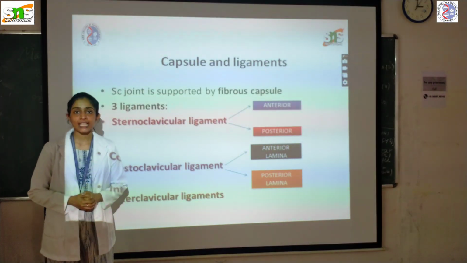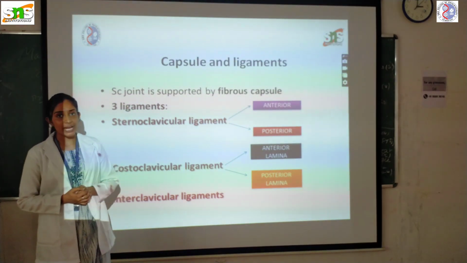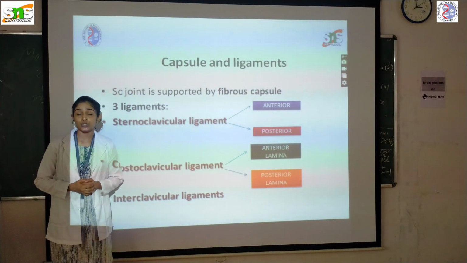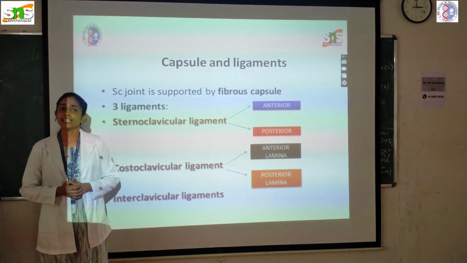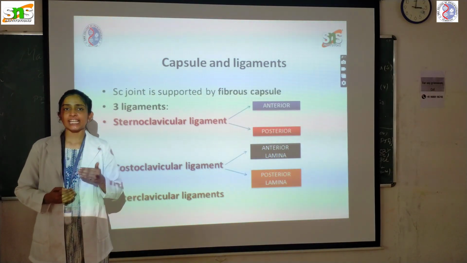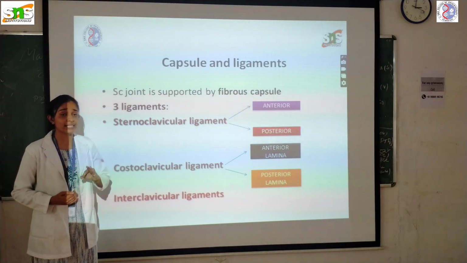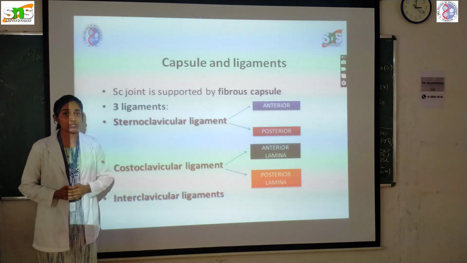Now we are going to see other structures that provide stability to your sternoclavicular joint, that is your capsule, then the ligaments. Basically there are three important ligaments providing stability to the joint.